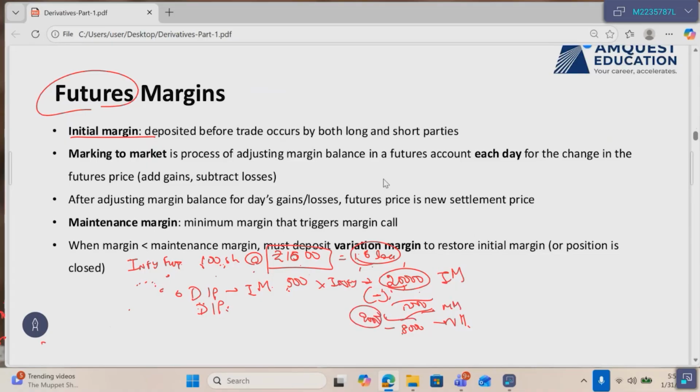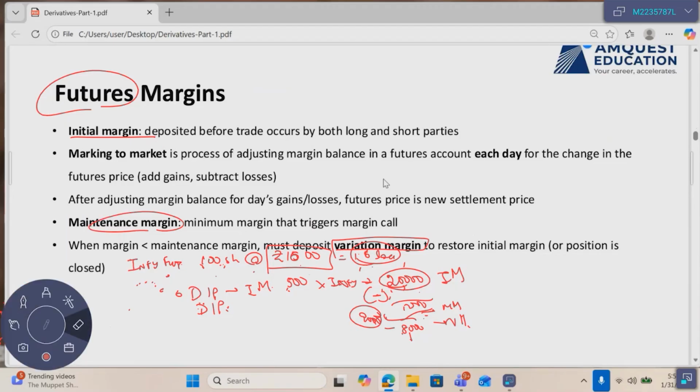You are supposed to maintain 9,000, you didn't maintain. Correct? That is called maintenance margin. Maintenance margin. Clear? And maintenance margin is nothing but the amount you maintain. Below that it goes, it will trigger a call which is called variation margin. Clear? Okay. Now see, that's this term here, variation margin. Whenever you're called upon to make a payment to this, you have to actually consider having the variation margin. Okay. Any questions on this?